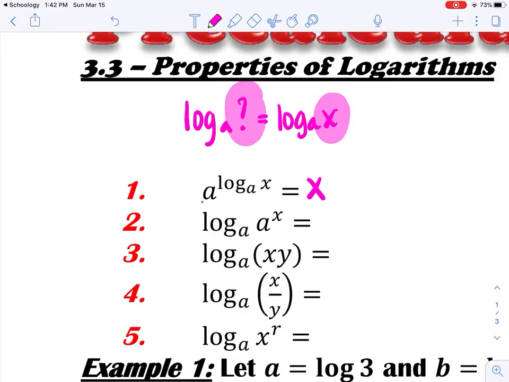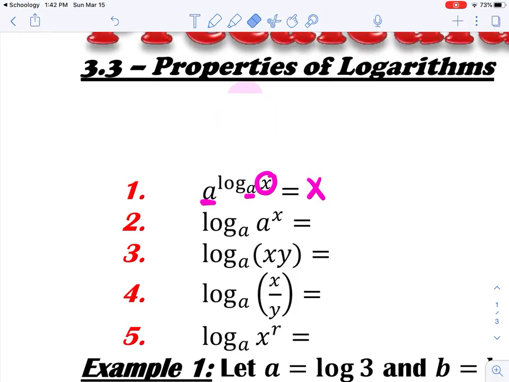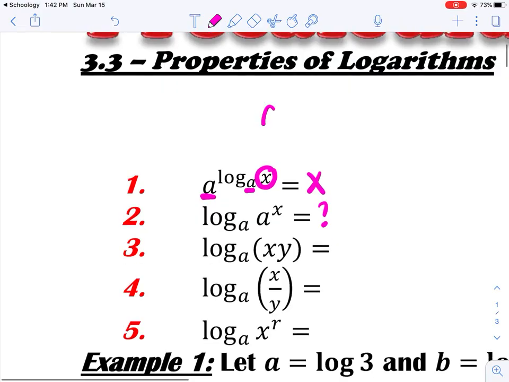The way I like to look at it is if you have a base of a raised to a log with a base of a, that's just equal to the argument of that log. All right, next one, same idea. I'm going to present it in a similar way as the last one. If this is a question mark, unknown, and I don't know what it's equal to, I can rewrite that log as an exponential function.